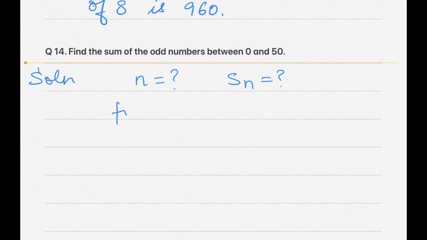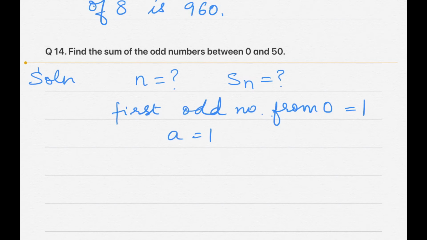My first odd number from 0 would be equal to 1. So I can say my a is equal to 1. And what about 50? It is not an odd number, so the number just before, right? So my last term would be 49, which is an odd number.